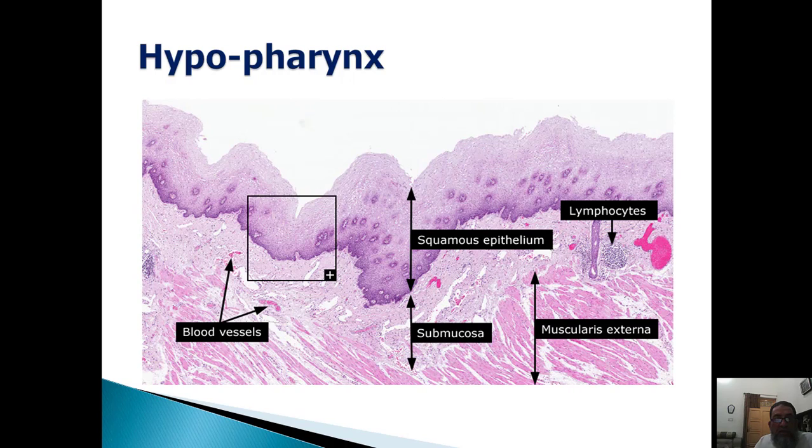The muscle will be skeletal, not smooth. So always remember, in the hypopharynx the muscles are still characteristically skeletal in nature, controlled by voluntary or somatic nerve fibers. The epithelium again is stratified squamous, non-keratinized.